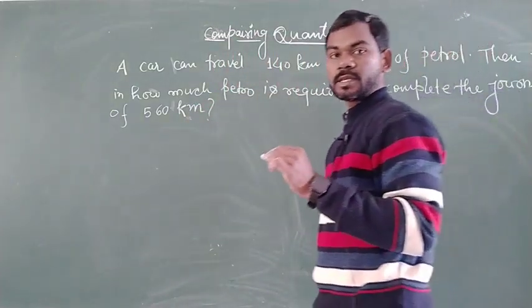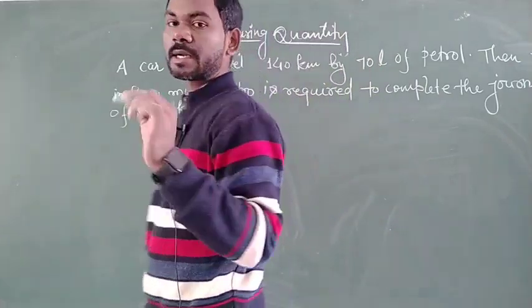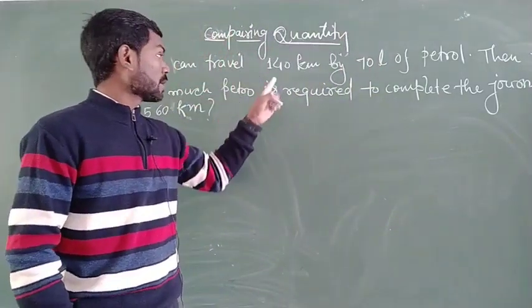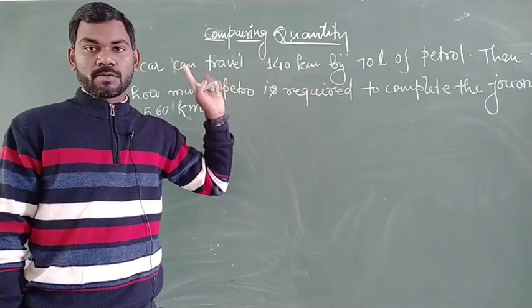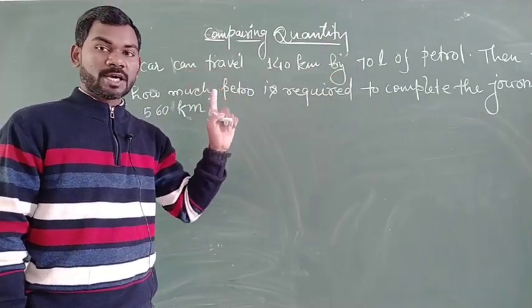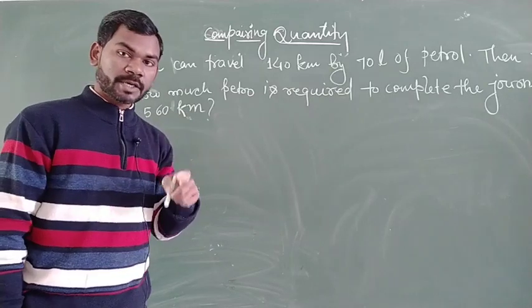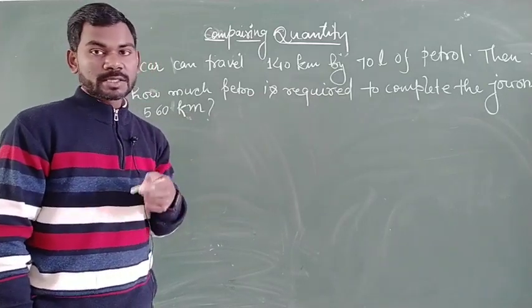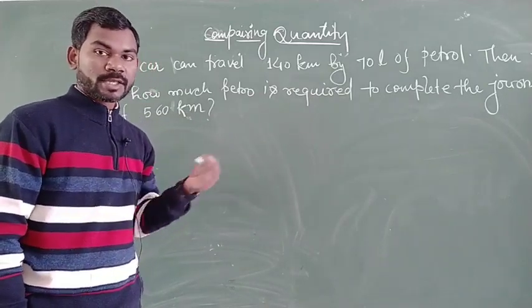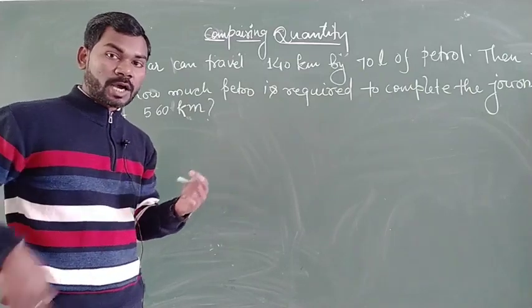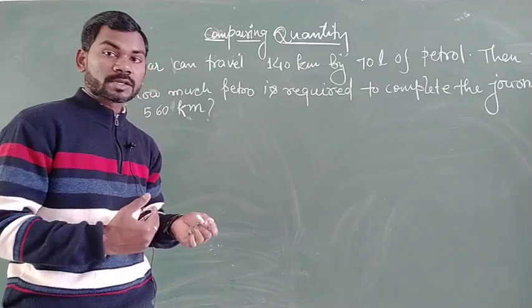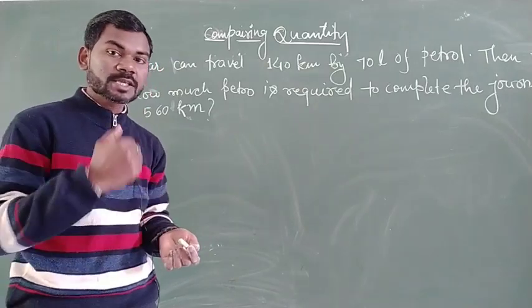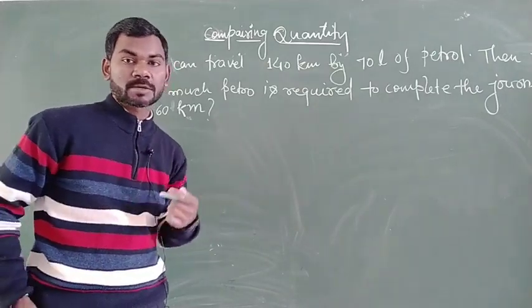The question says that a car can travel 140 kilometers on 70 liters of petrol. There is a car that can cover 140 kilometers in 70 liters of petrol. Then the question is, how much petrol is required to cover the distance of 560 kilometers by this car.